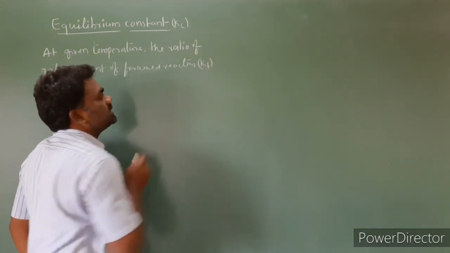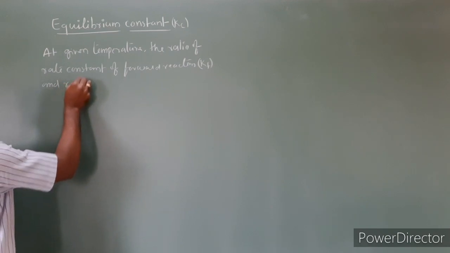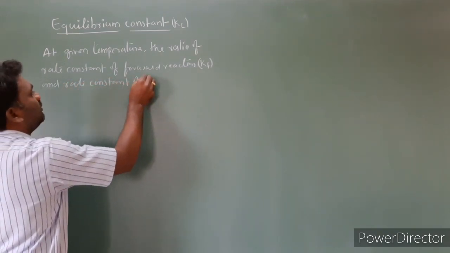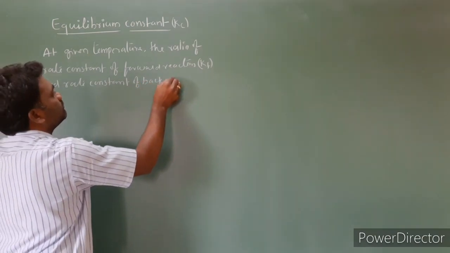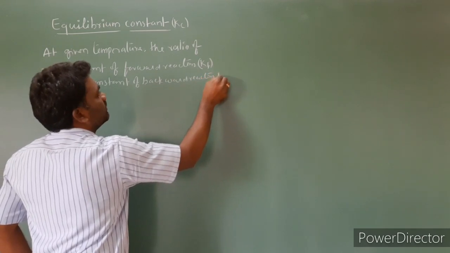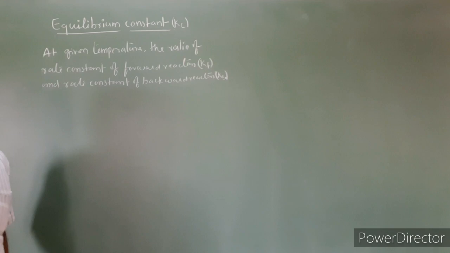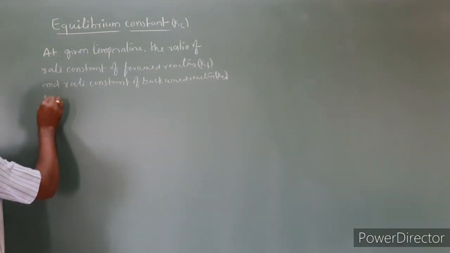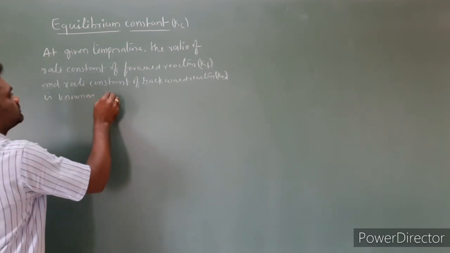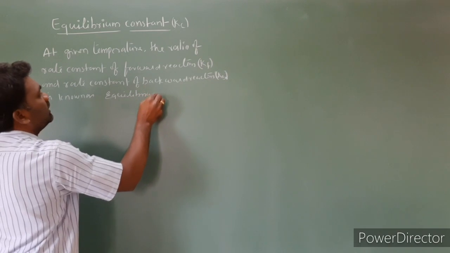Rate constant of forward reaction is Kf. Rate constant of forward reaction and rate constant of backward reaction, nothing but what we have to take? Kb. Rate constant of backward reaction is Kb. Is known as equilibrium constant.